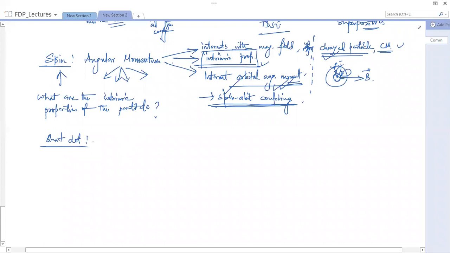So quantum dot, quantum wire, and quantum well, and so on. They look like a potential barrier, a potential well.